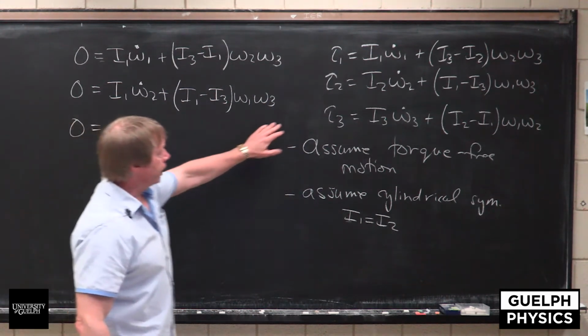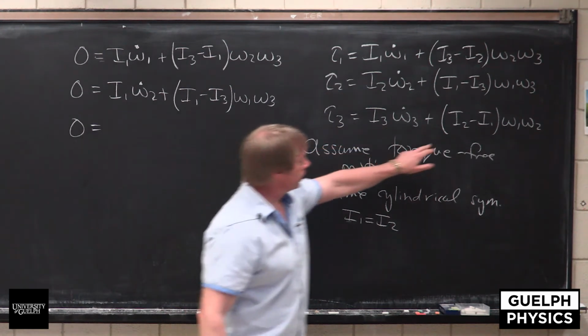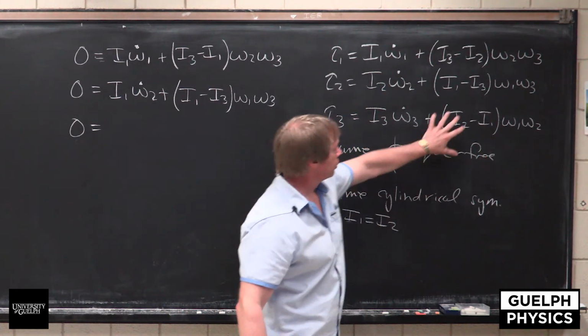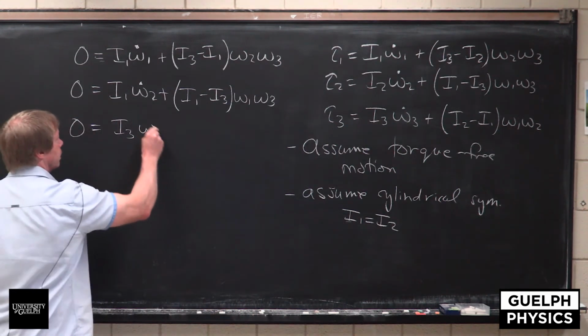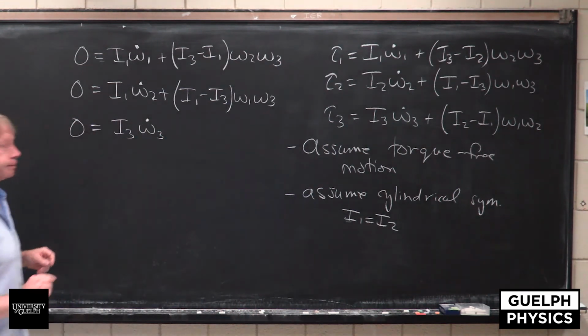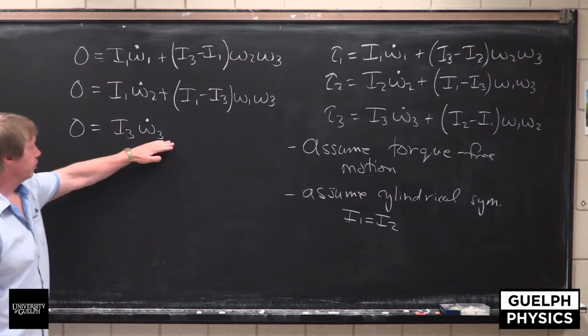And then the third equation becomes very simple because I1 and I2 are equal, so that term vanishes, and we end up with just I3 omega 3 dot.